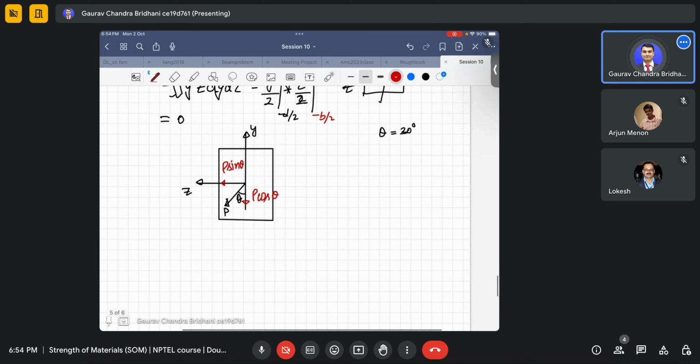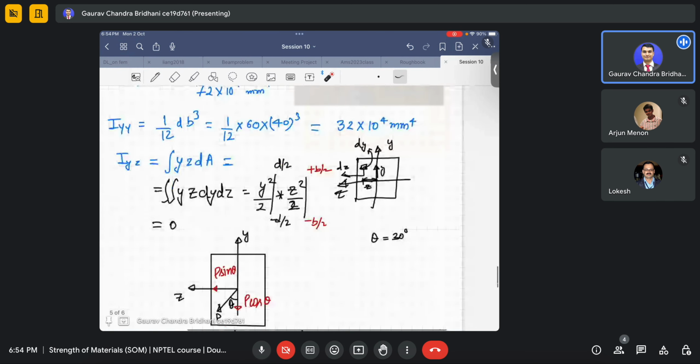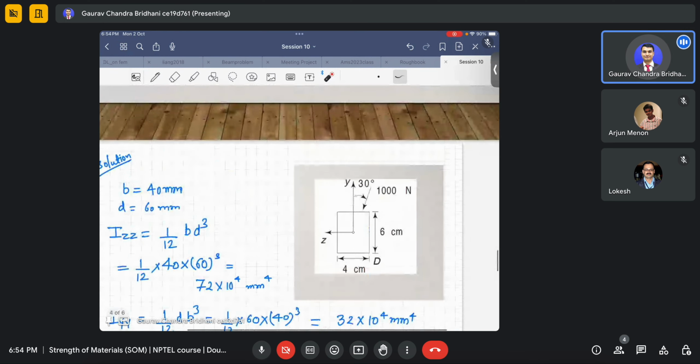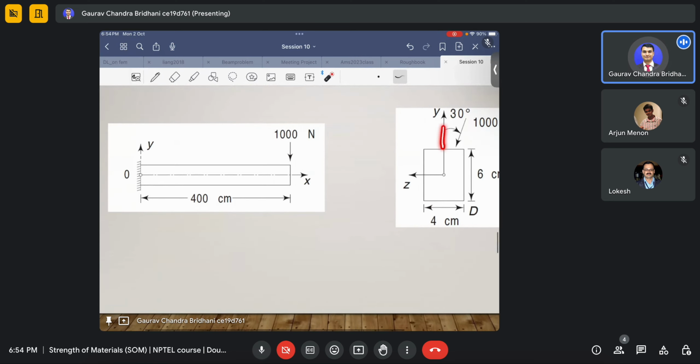Now, when this load, which is P cos theta and P sin theta, acts, P cos theta will act vertically like this, and P sin theta will act like this.